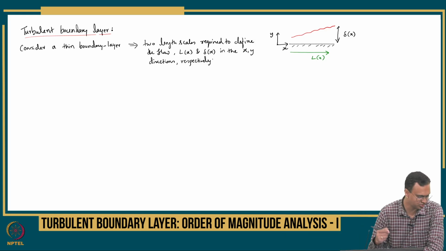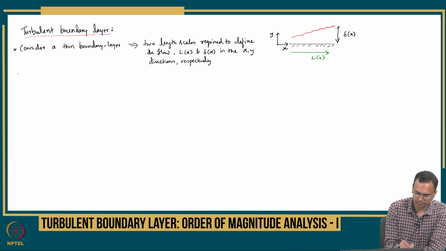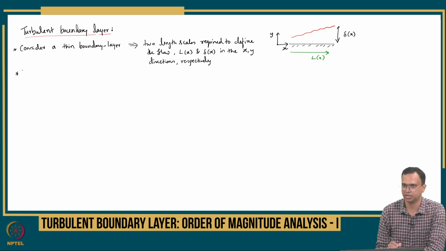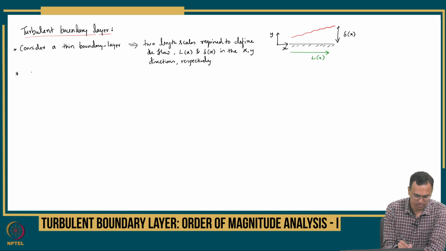Okay, two scales introduced, and we will also consider statistically stationary flow. The flow has come to a statistically stationary state.